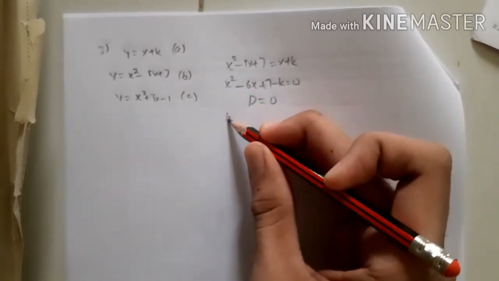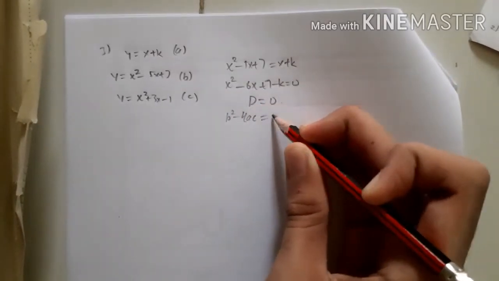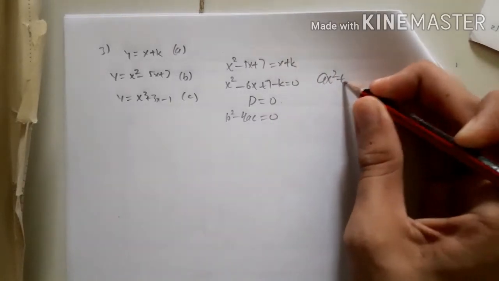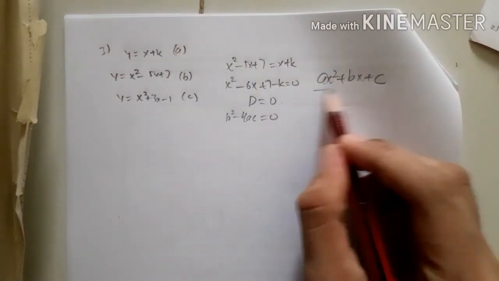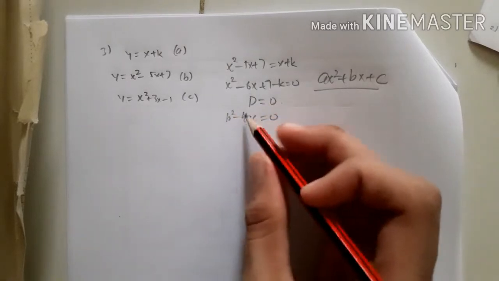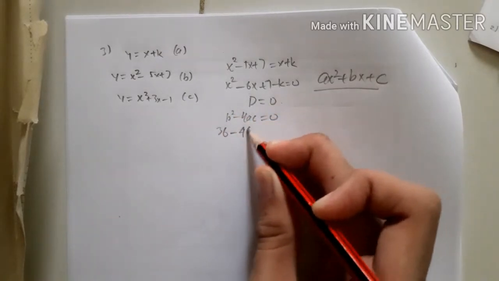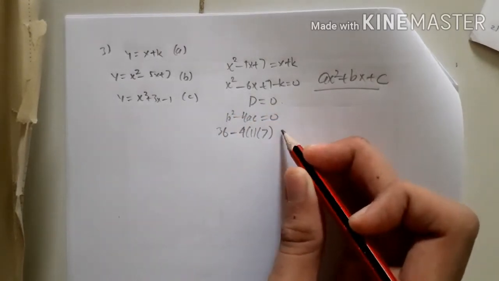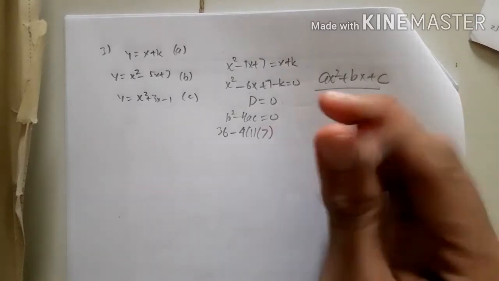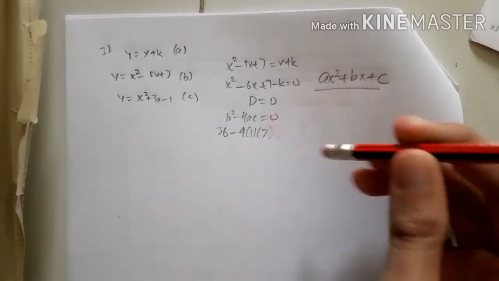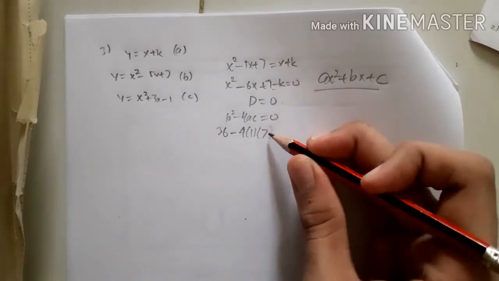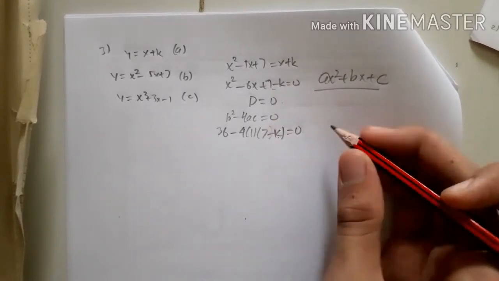The discriminant is b squared minus 4ac, from the general quadratic equation form. So it is minus 6 squared, 36, minus 4 times (7 minus k), since c is the constant term, is equal to 0.